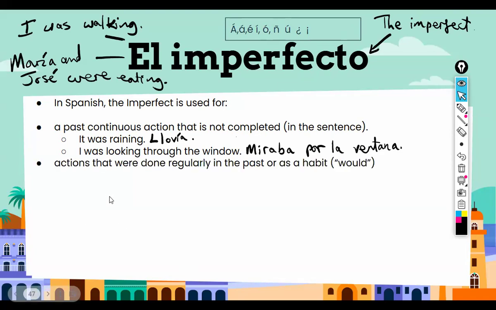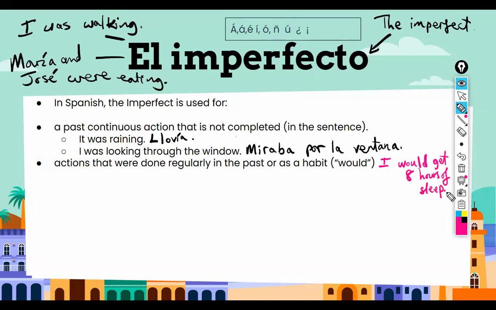All right, so next one, actions that were done regularly in the past or as a habit, right? So in English, we would convey this by the word would. So I would go to the mall on Saturdays. I would watch 3 hours of TV a day. I would get 8 hours of sleep. Right?